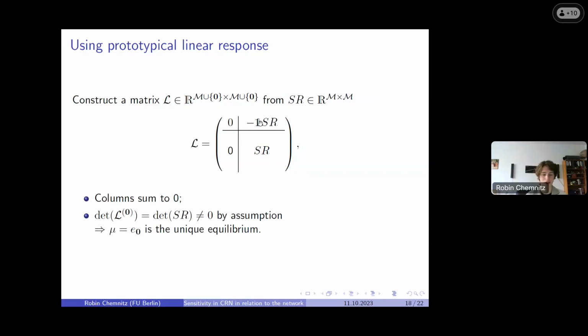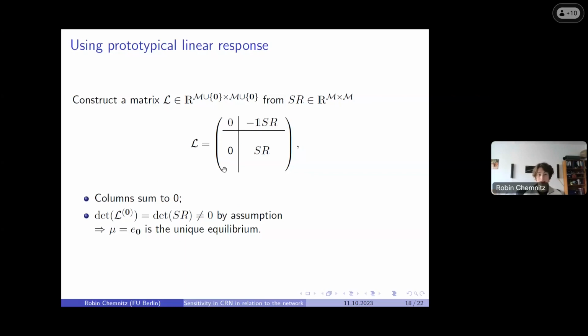And if we replace the zeroth row by a row of ones, then the determinant will be exactly SR. So we have a unique equilibrium, and this equilibrium is given by the unit vector in 0, because if I multiply here E0, then I just get this column at 0. So this is the unique equilibrium.